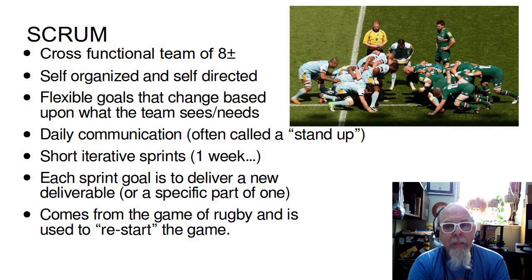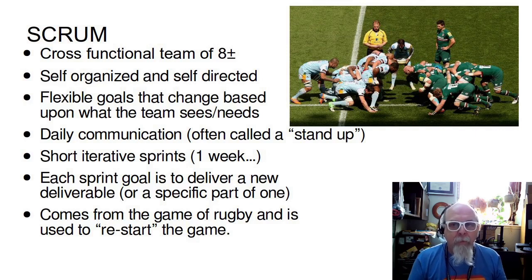In a Scrum team, usually you create a cross-functional team with members from various stakeholder groups and various technology groups, like your database people, your programming people, your networking people, your security people. And they're all in a small group. Usually a Scrum team is approximately 7 to 8.